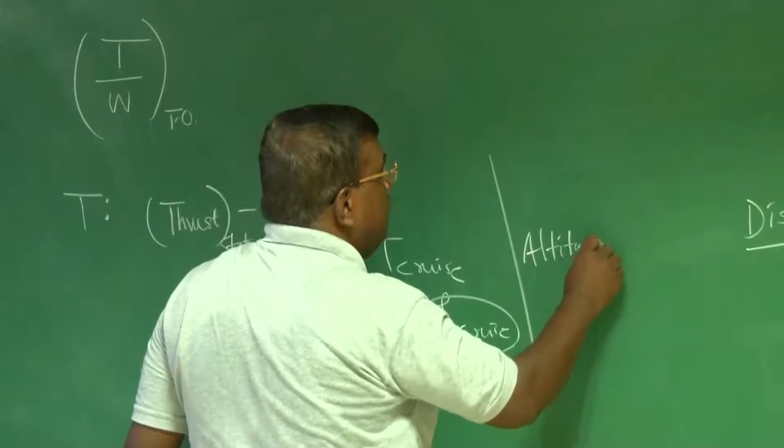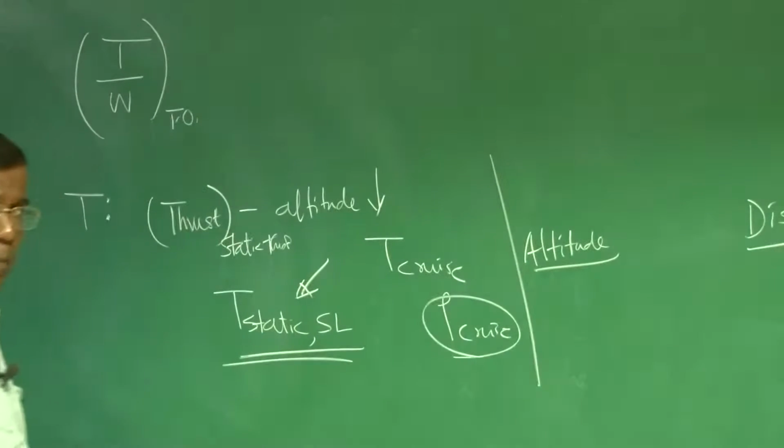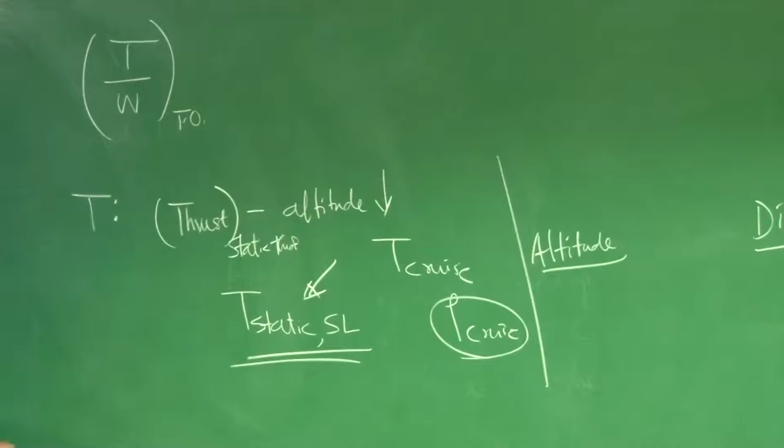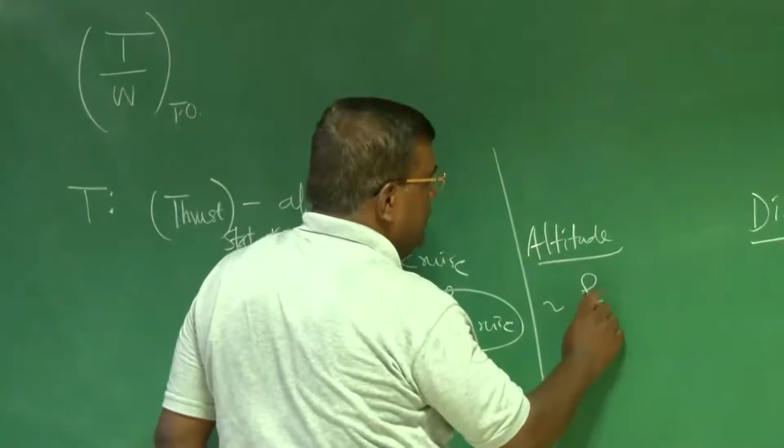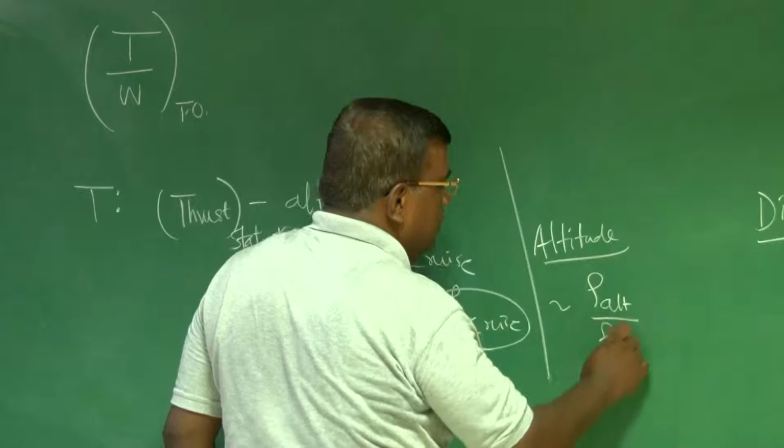Similar thing is true for power from a propeller driven engine as well. It is directly proportional to the density. As density reduces, thrust available and power available also reduce, and mostly it is not a bad approximation: rho at altitude by rho sea level.